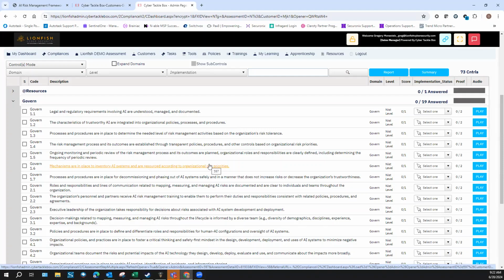The risk management process and its outcomes are established through transparent policies, procedures, and other controls based on the organizational risk priorities. You can suck that out of the document I showed you. You can get your risk management process. Your risk management process is an approach that you're going to take to risk.